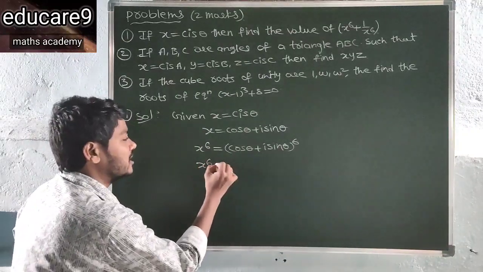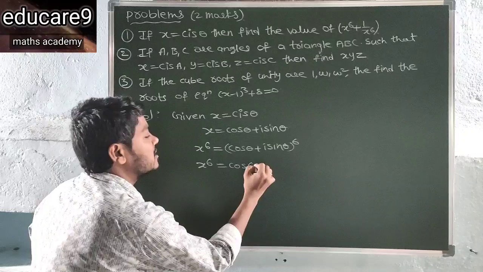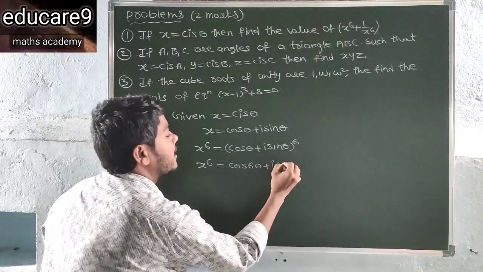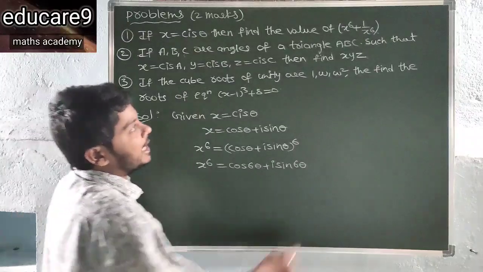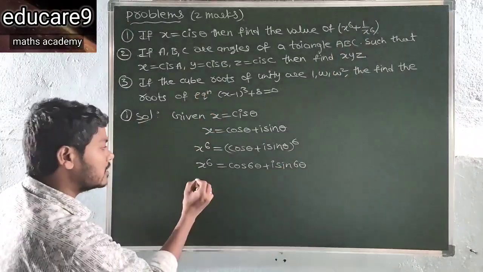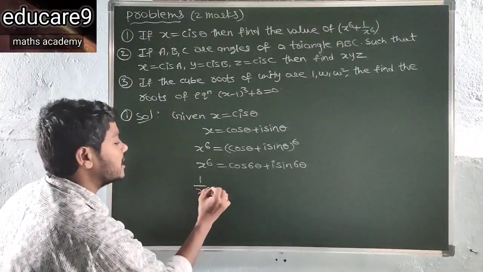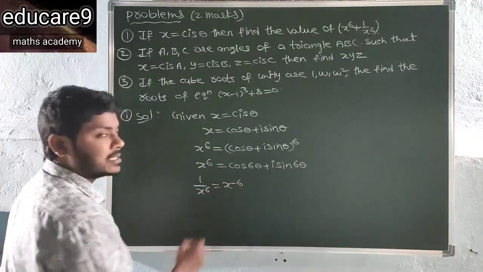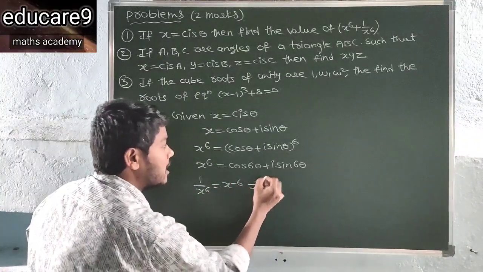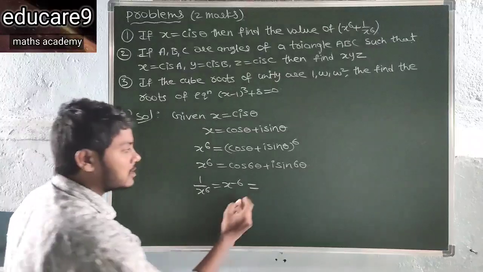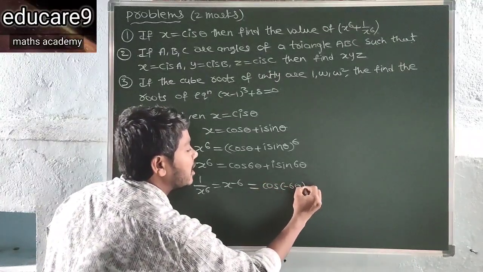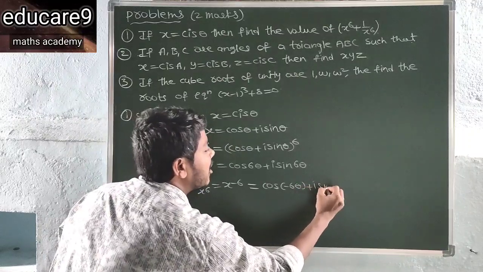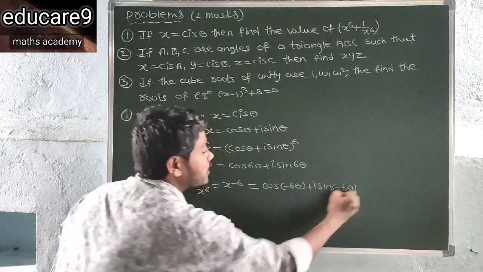That is, x power 6 is equal to cos 6 theta plus i sin 6 theta. And find 1 by x power 6. So 1 by x power 6 can be written as x to the power of minus 6. So replace 6 by minus 6. So what you get? Cos of minus 6 theta plus i sin of minus 6 theta.